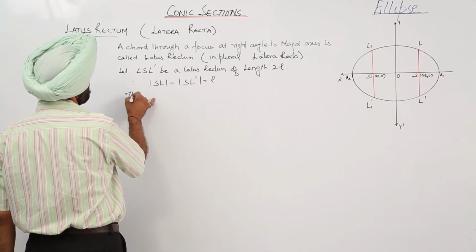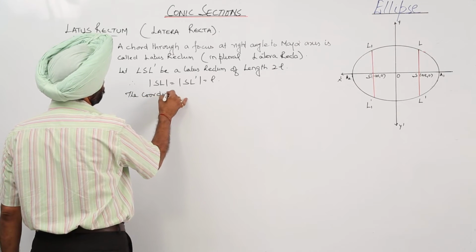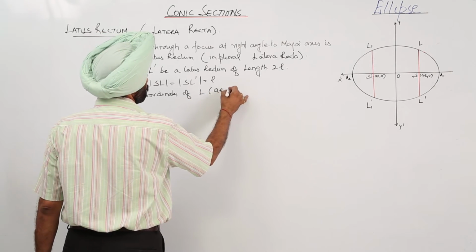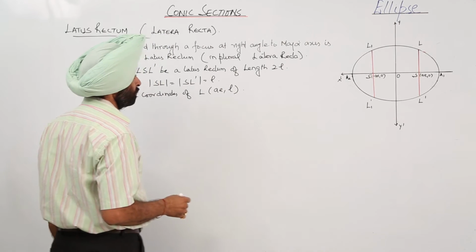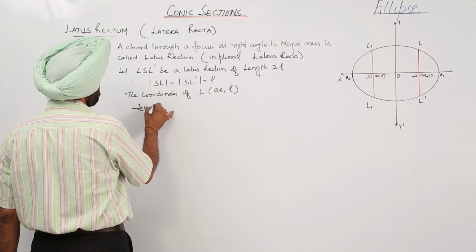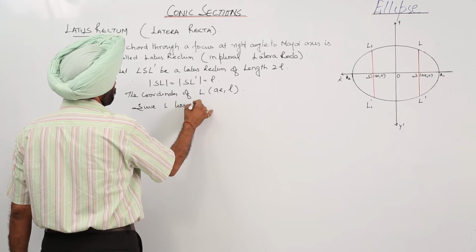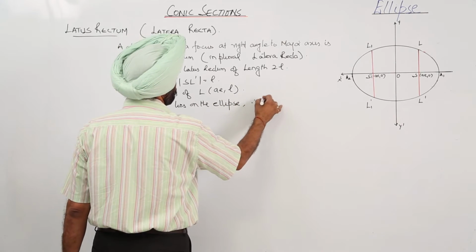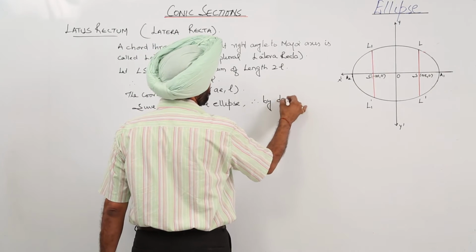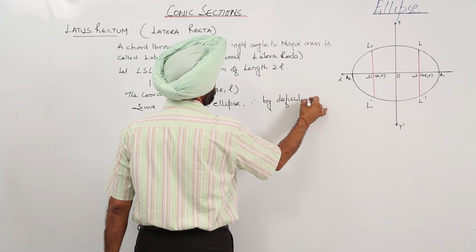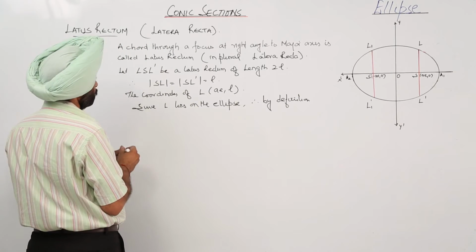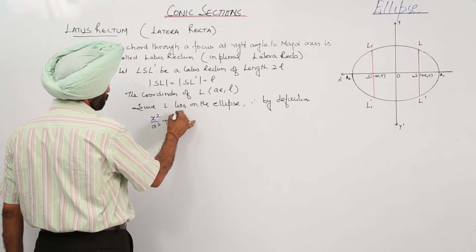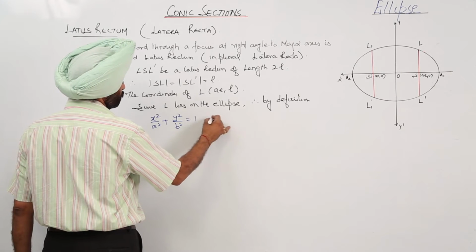Now the coordinates of L are AE comma L. Now since L lies on the ellipse, therefore by definition x square upon a square plus y square upon b square is equal to 1.